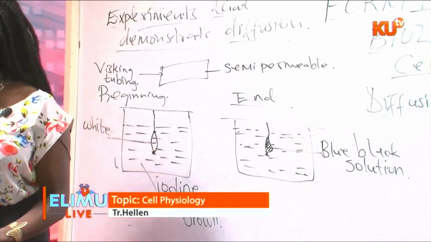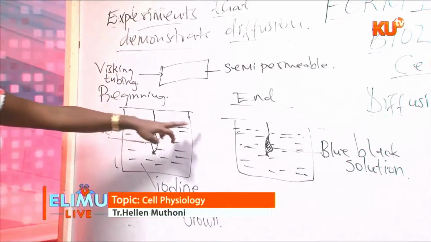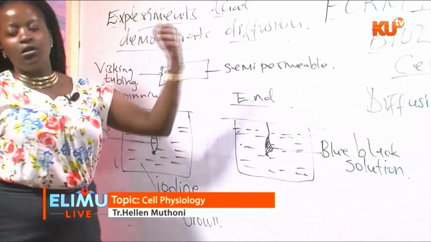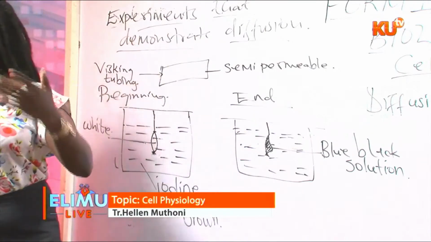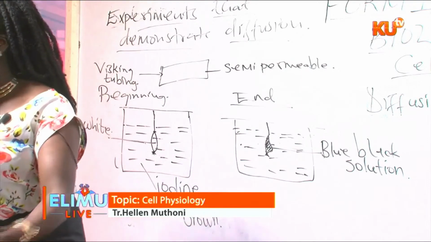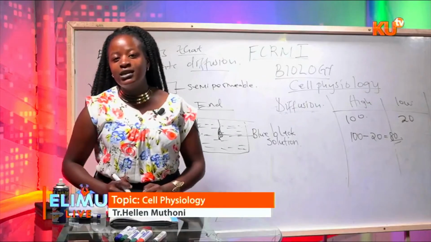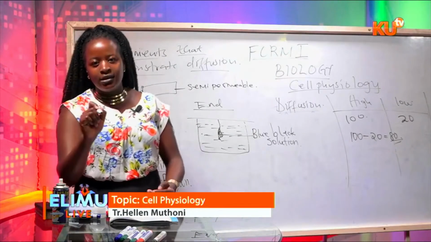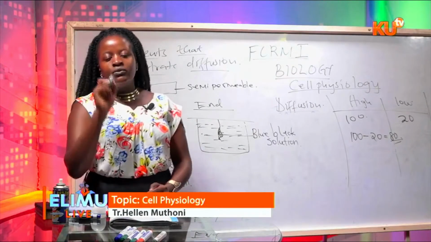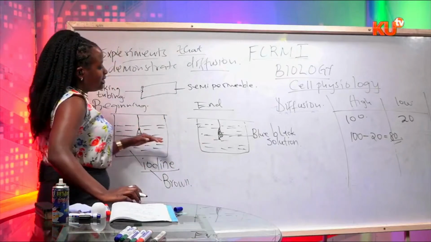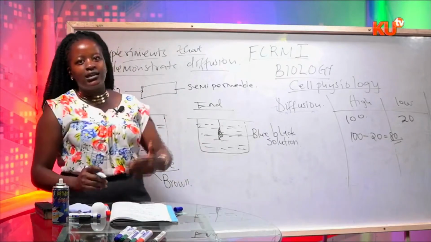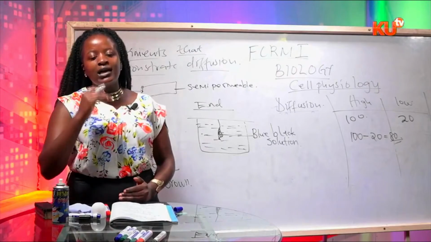The observation after this starch solution is removed is that it will have turned from white to blue-black. An observation in biology is what you can see. If you're given this experiment and if you do it practically in the laboratory, what are you seeing?